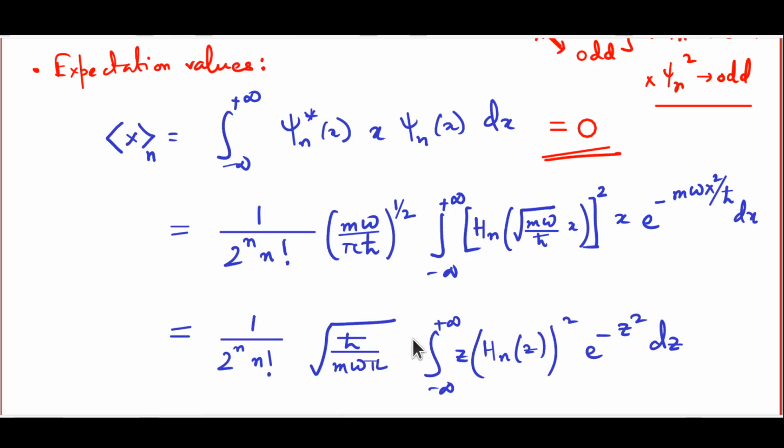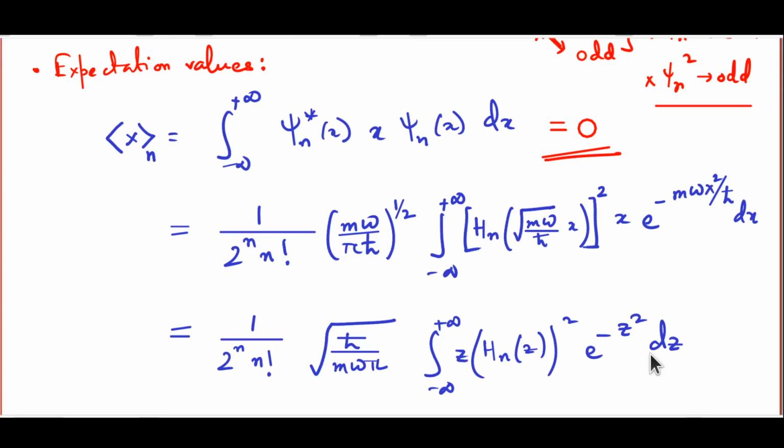I'm not going to explain where this factor comes from. It's pretty easy to figure it out just by doing this correct change of variables. But the integral here is z times Hn z square e to the minus z square dz. Once again, let's pretend that we can't see that this integral has to vanish because of the fact that it's an integral of an odd function over symmetric limits.